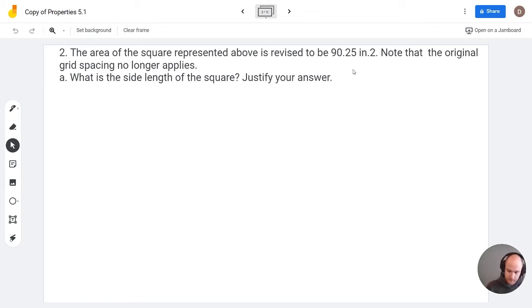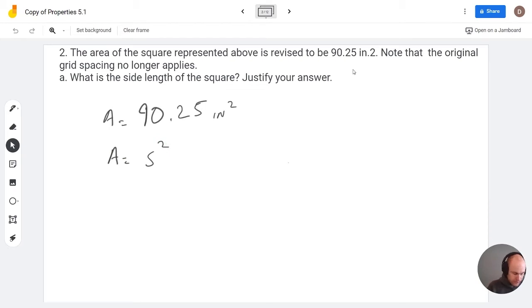So for A, we've got to start out with some different information. The area was given to us, and that is 90.25 inches squared. What we can do, the simplest way, is this is a square, and the area of a square is side squared.